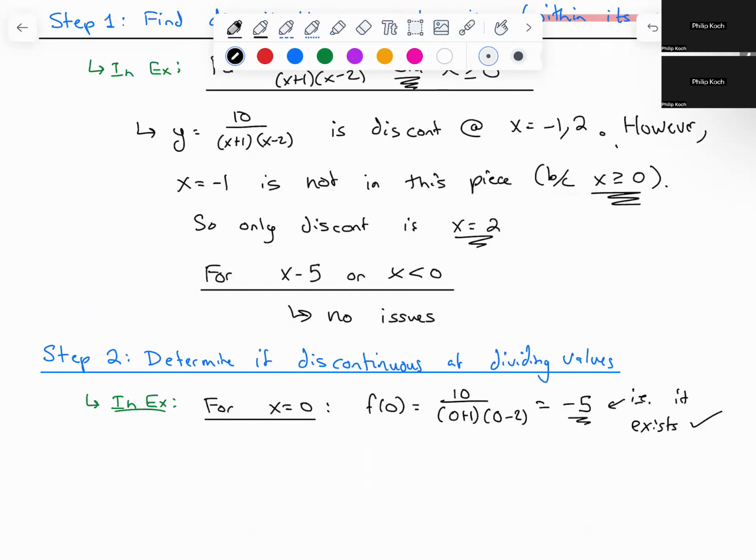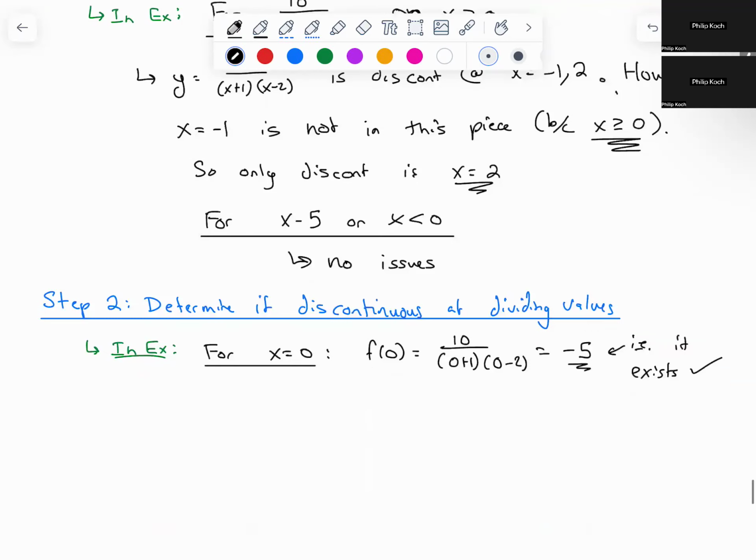Now we need to check the limit. Next, check limit exists.